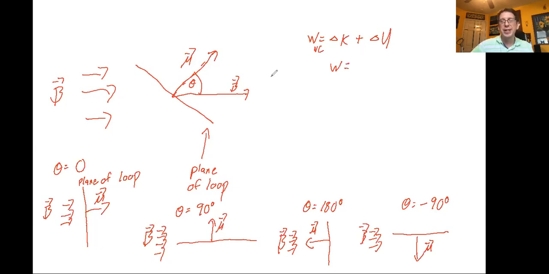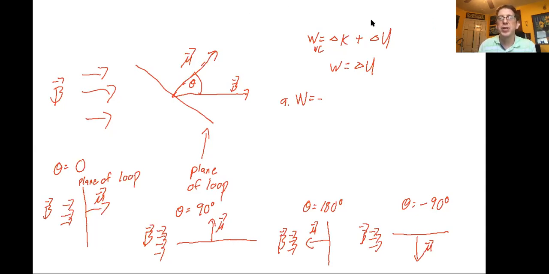So we're just interested in the change in potential energy. So for part A, the work done is equal to negative mu dot B, or the potential energy rather, let me rewrite that.